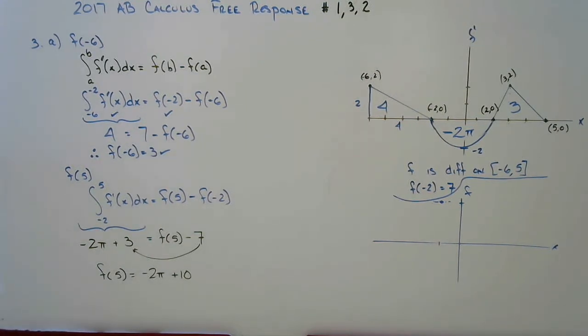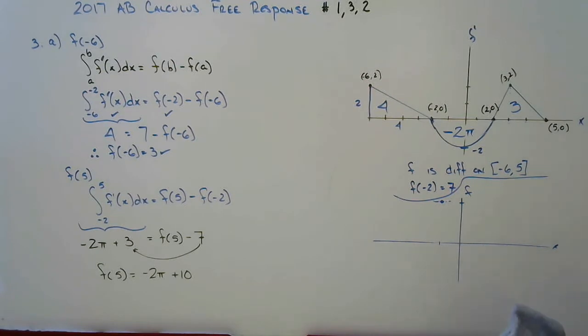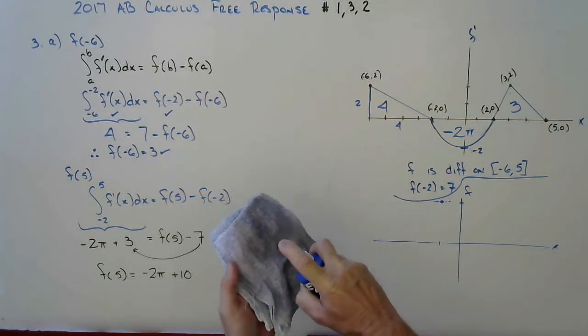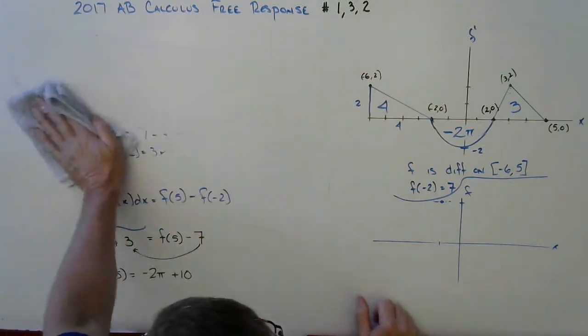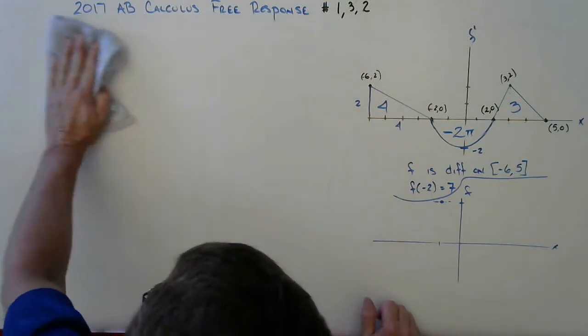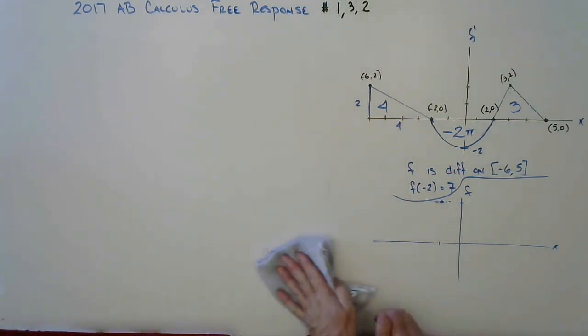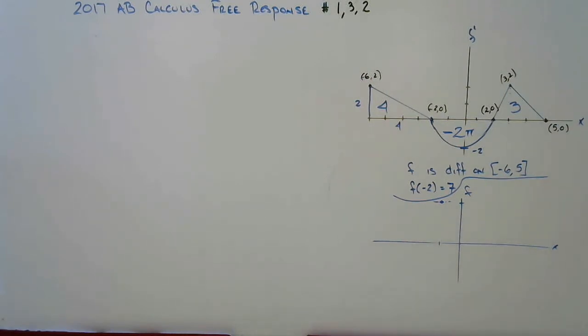So I'm going to go ahead and erase this over here. We'll probably need those numbers in a second, but we'll remember them. So what does part B say?